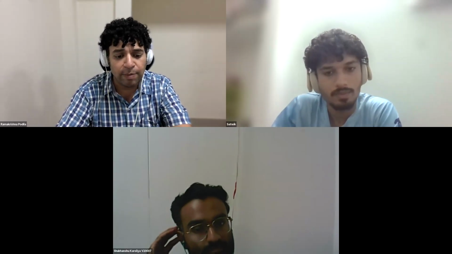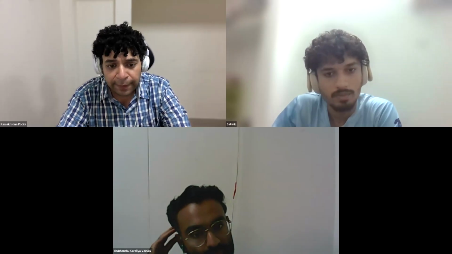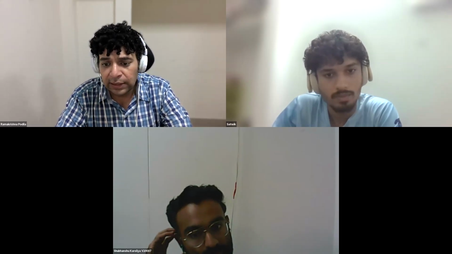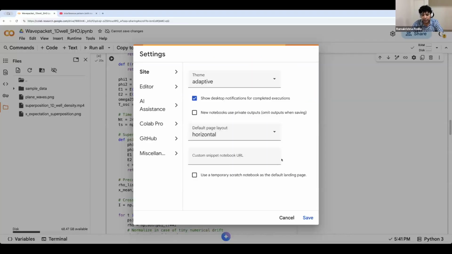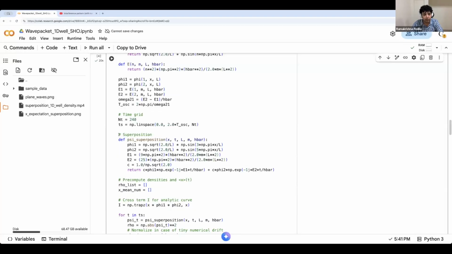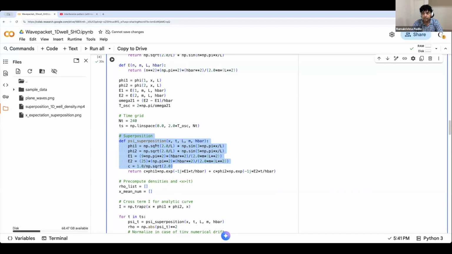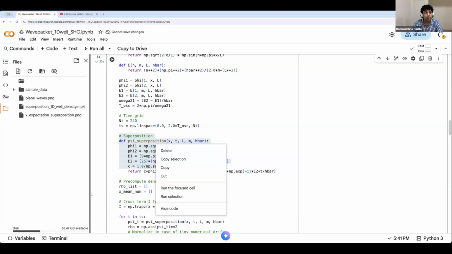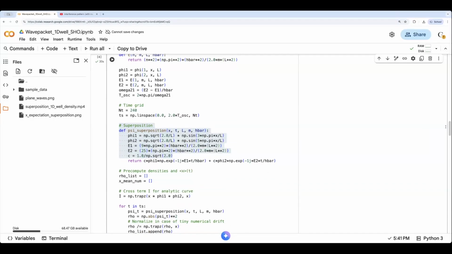For example, if I go back to my Google Colab here, let's say I don't understand this part of the code, right? So I can, where is the Gemini AI? It's at the bottom, middle bottom. Okay, I see it now.